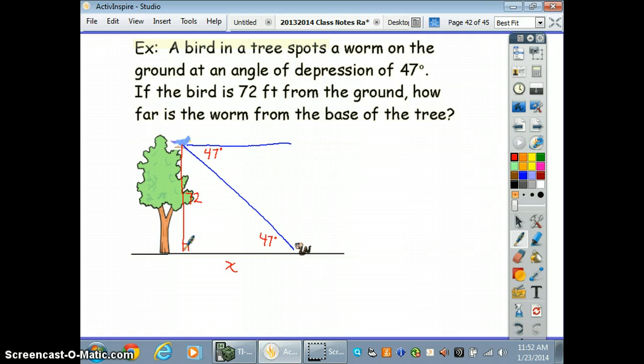Okay. All right, so SOHCAHTOA. Good idea to write it at the top of every page. And we're looking at our reference angle, 47. Remember, this is the hypotenuse, and it's opposite, adjacent. Opposite the reference angle, adjacent.